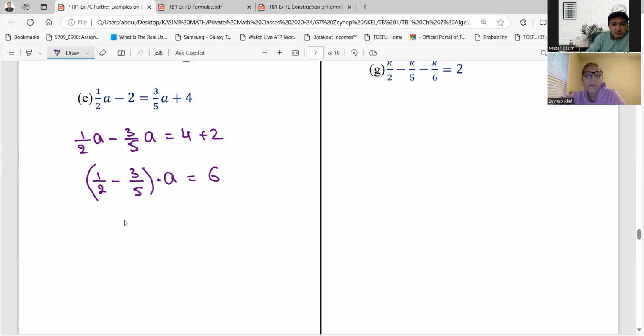And now the common factor here is 10. 5 times 1 is 5, 2 minus 3 is 6. 5 minus 6 is -1, times a equals 6. Good. And now this fraction, because they multiply here, move to the right-hand side.